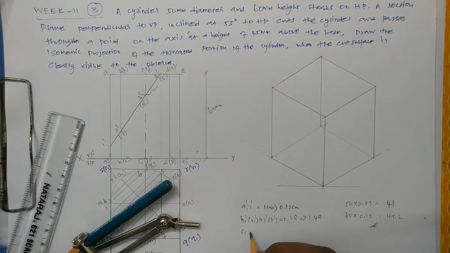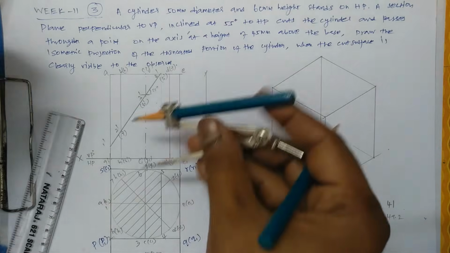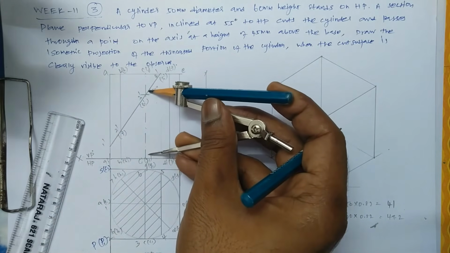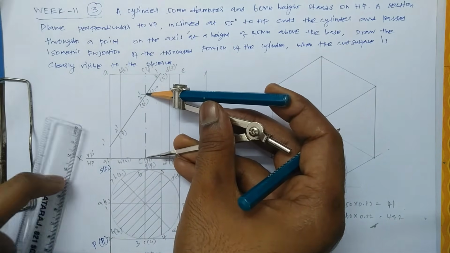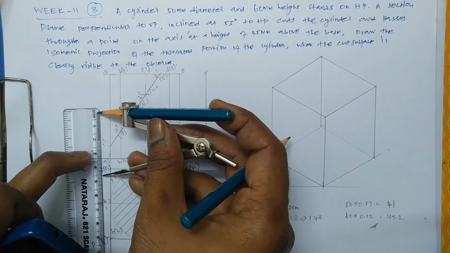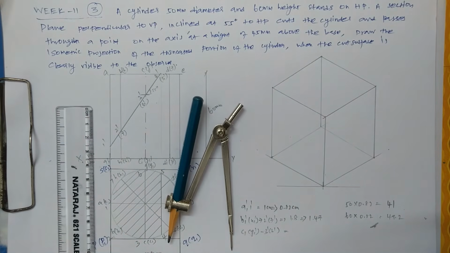So next is C1, G1, 3, B 6. The distance of these two from the base is 4.5, and multiply by 0.82.